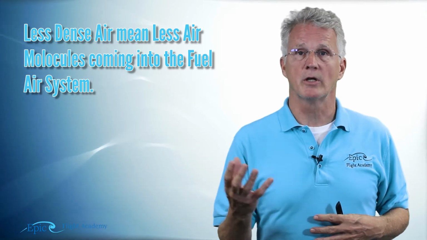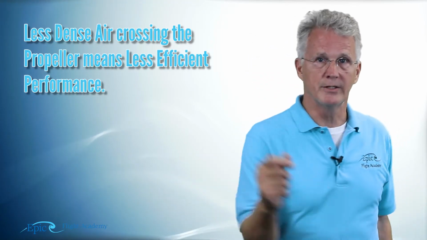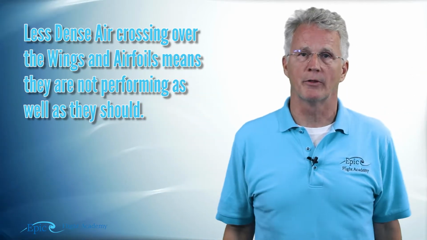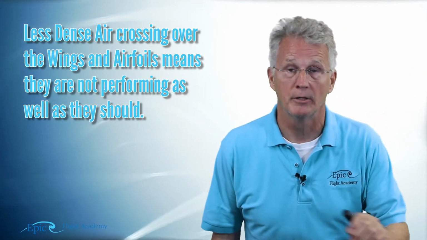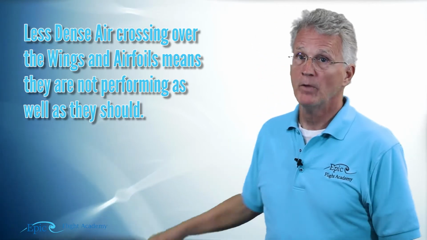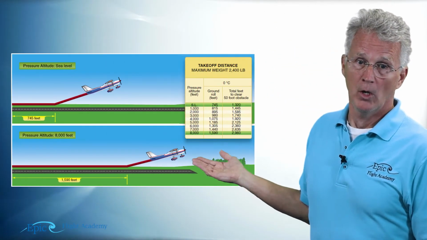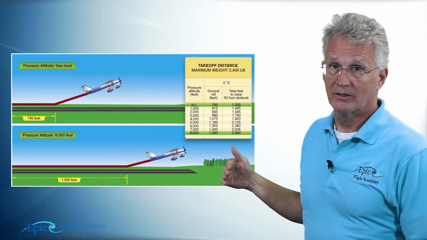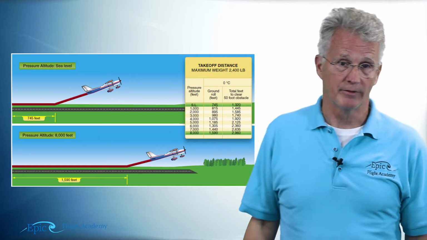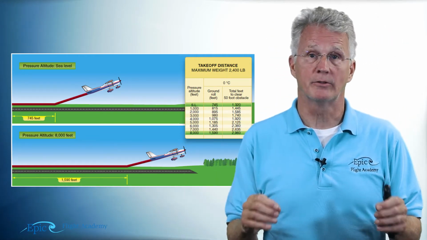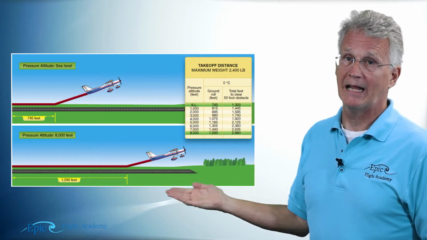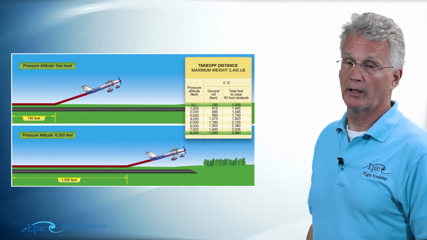So I get a less dense air charge into the cylinders. Less dense air crossing my propeller, so it is not performing as efficiently. Less dense air crossing my wings and other airfoils, so they are not performing as efficiently. And you can see in our diagram here, we're showing the aircraft's climb rate and angle and takeoff distance at sea level, and comparing that to the aircraft's climb angle, climb rate, and distance at a higher pressure altitude.